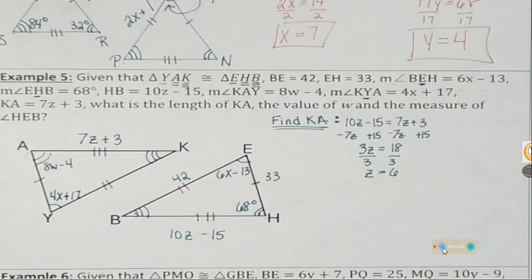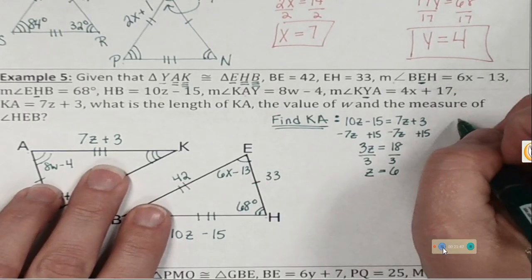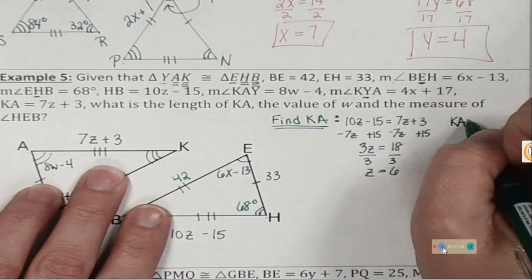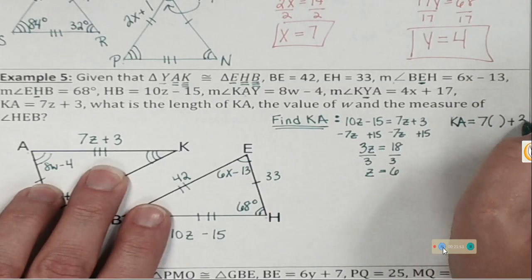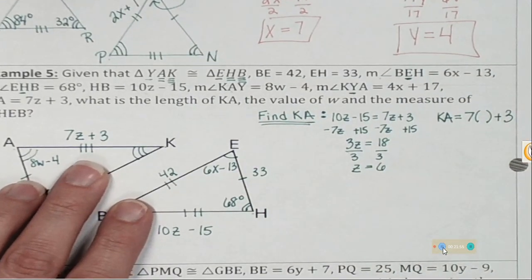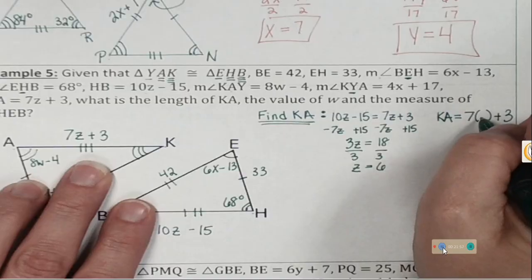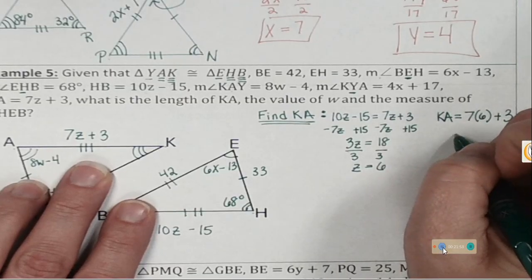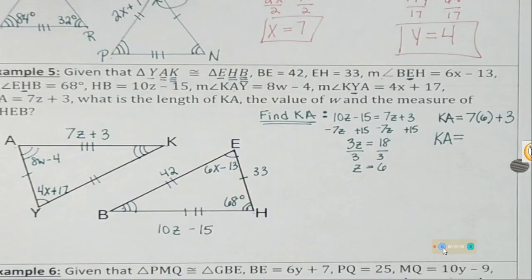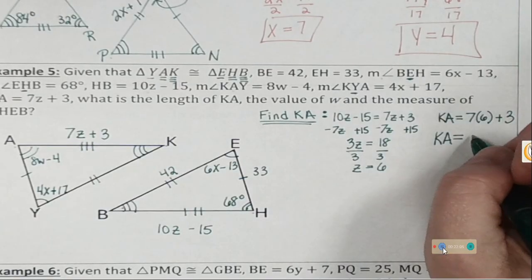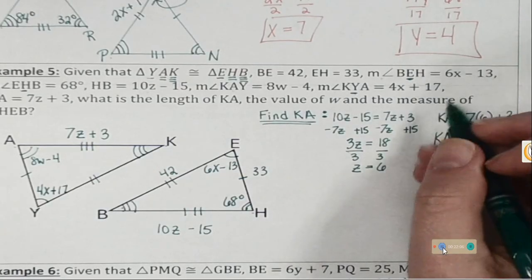Nope. I asked you for the measure of KA. The measure of KA is 7 times Z plus 3. You had to find Z so you can do what with it? Plug it back in. And so KA is 7 times 6 plus 3, which gives you a total of 45.